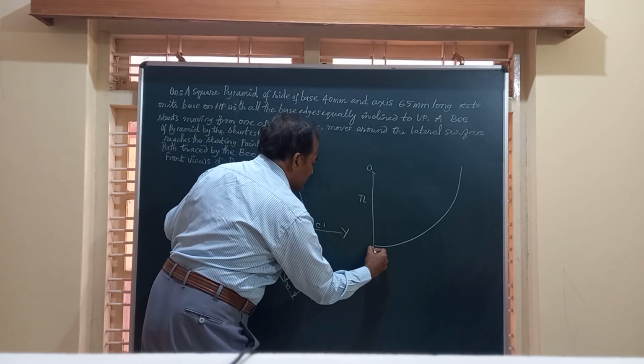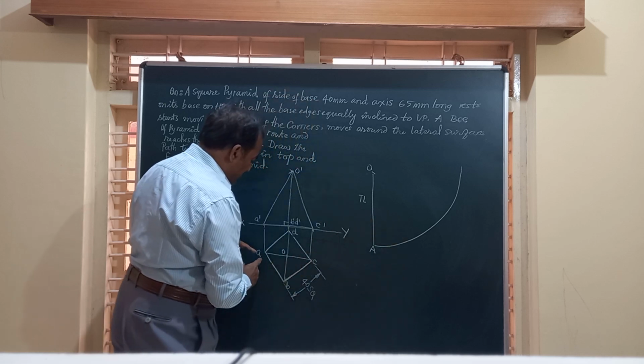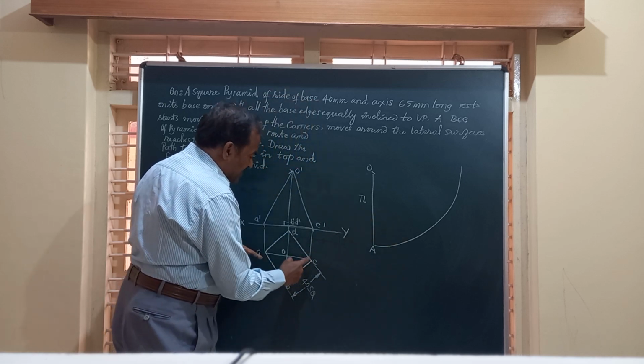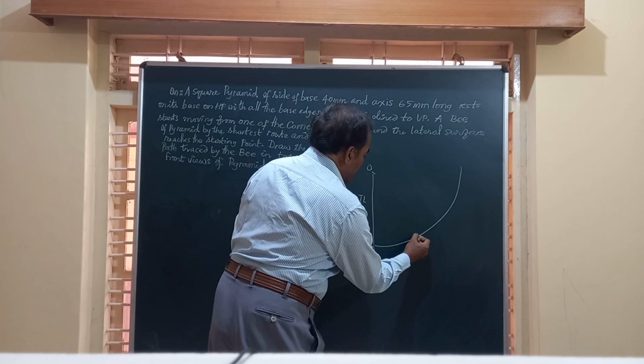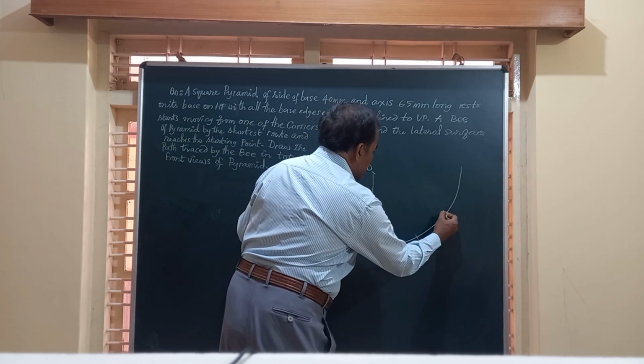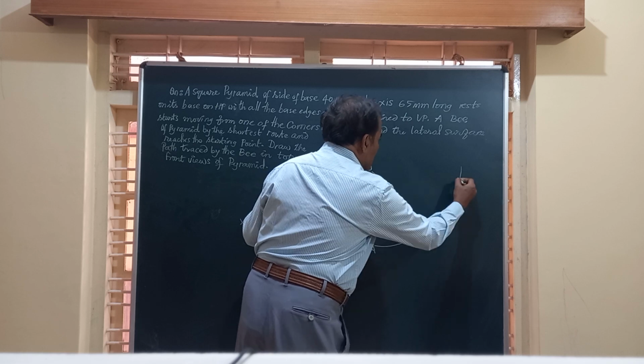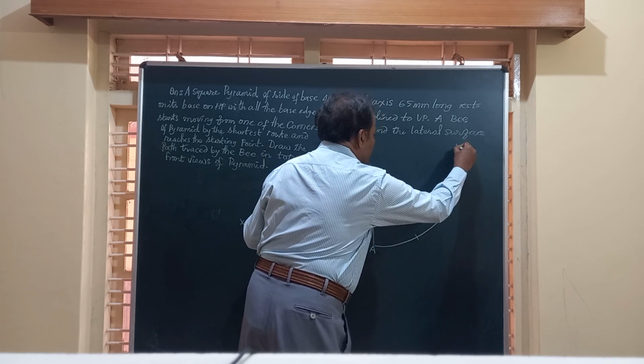Suppose this point is A, and on this I step off AB, BC, CD, and DA, each equal to 40 mm. So say this is 40, 40, 40, and again 40.